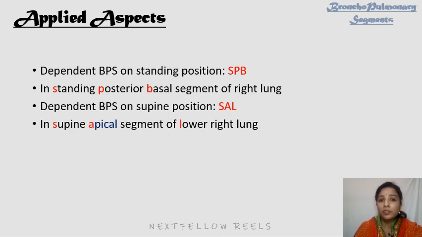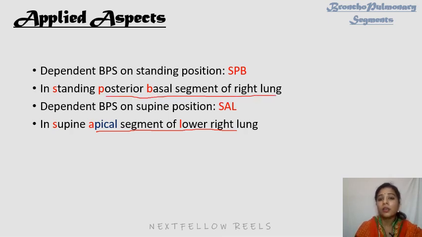The aspirate moves into the right lower bronchus and is found in the apical segment. So we remember: in supine, the apical segment of the lower right lung; and in standing and sitting, the posterior basal segment of the right lung.